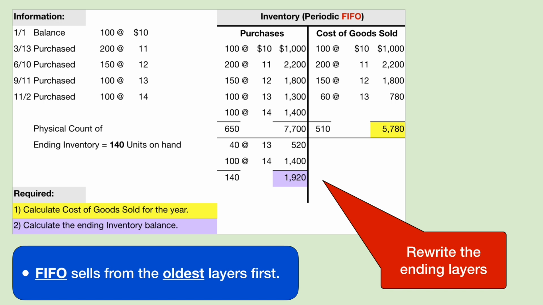And then we have to rewrite the layers that are remaining. So the previous layer 4, it had 100 at $13. We sold 60, and that left us with 40 units at $13. And the last layer was untouched, so we have 100 at 14. We end the year with 2 layers, and the purple number would be the total cost of the ending inventory balance.